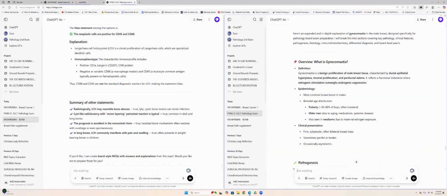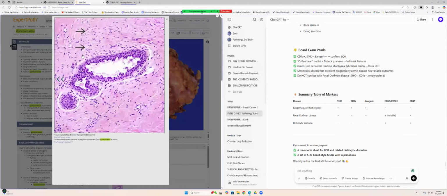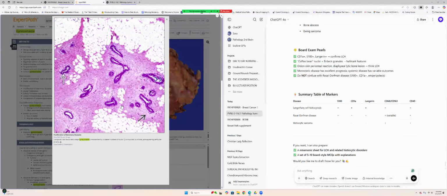What are the three characteristics? Increased number of ducts, epithelial duct hyperplasia, and periductal edema. Periductal edema may not be there in everybody.